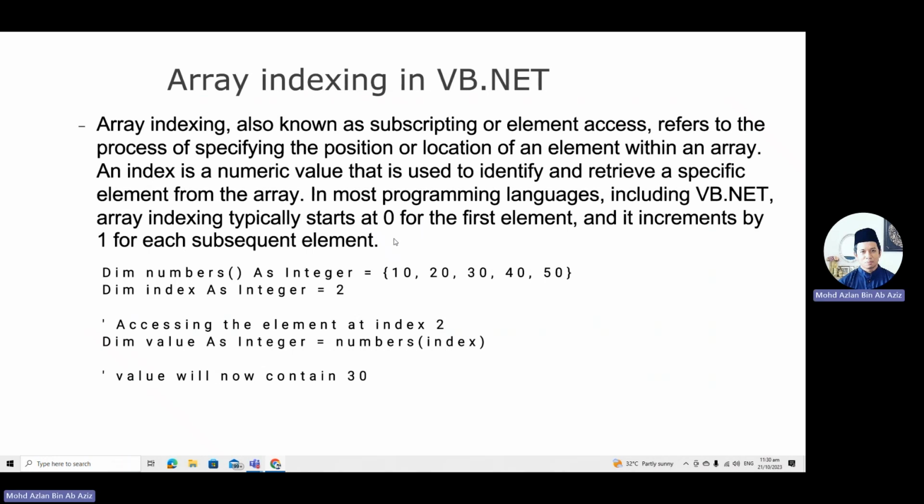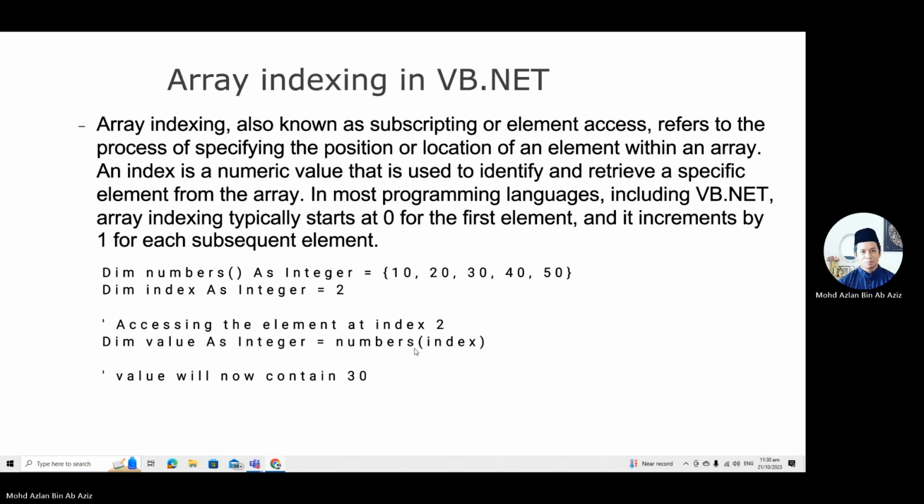In this example, we want to reassign our array value. This is 20 at the moment. This is 30. Name index as integer equals to 2.